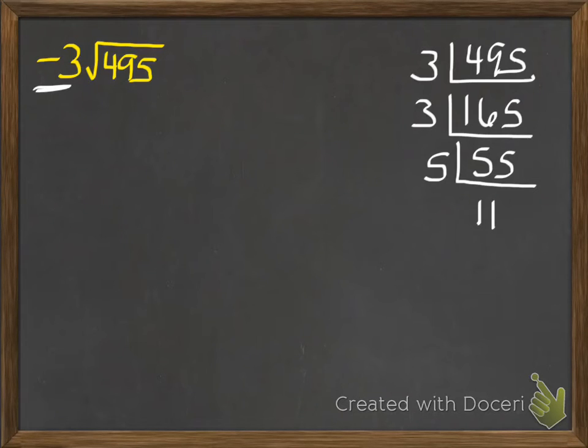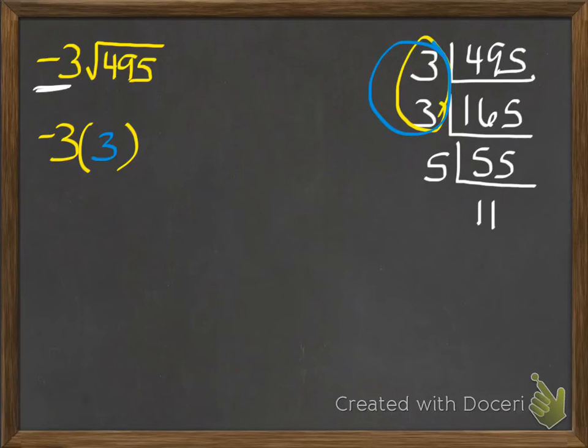So in this case, we have a set of 3s that can come out. And then we're left with a 5 times 11 inside. So I'm going to multiply my negative 3 that I originally had times that set of 3s that I pulled out.